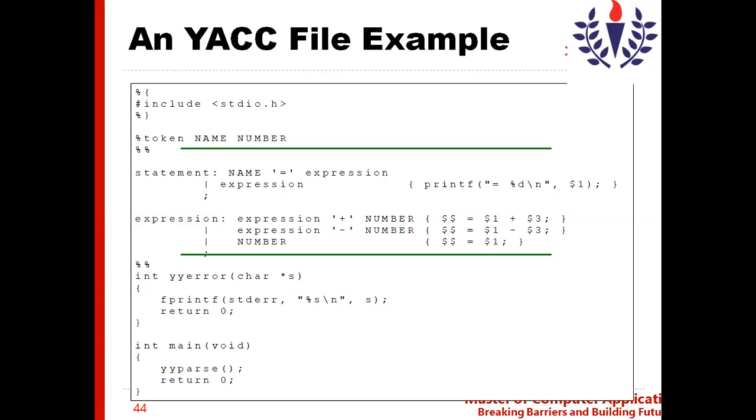So the 10 is nothing but a number, so that will be replaced by expression. And the plus, after that 20, so we have the token number. So expression plus number will be replaced by expression.